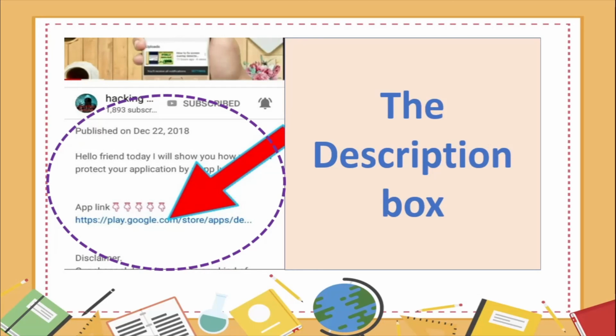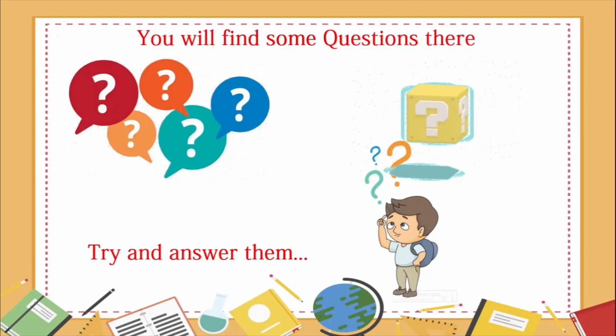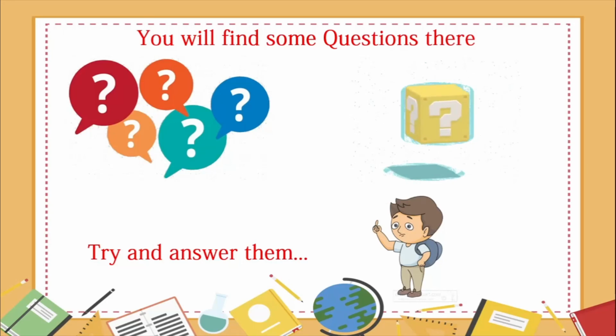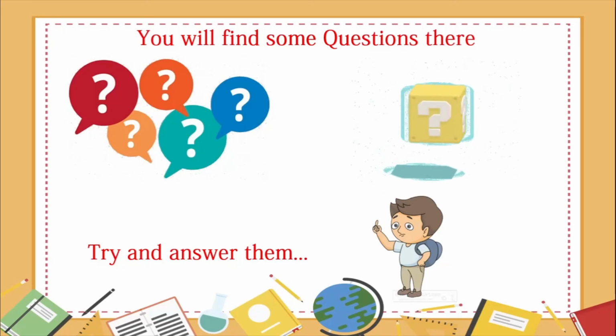Alright, and after you go to the description box, you will see that there are a few questions there. Now, what are these questions about? These questions are about the lesson that we just learned or the video that you just watched. So, what will you do? You will think back properly about the lesson and you will try and answer these questions and note down the answers in your notebook if you want. Okay?